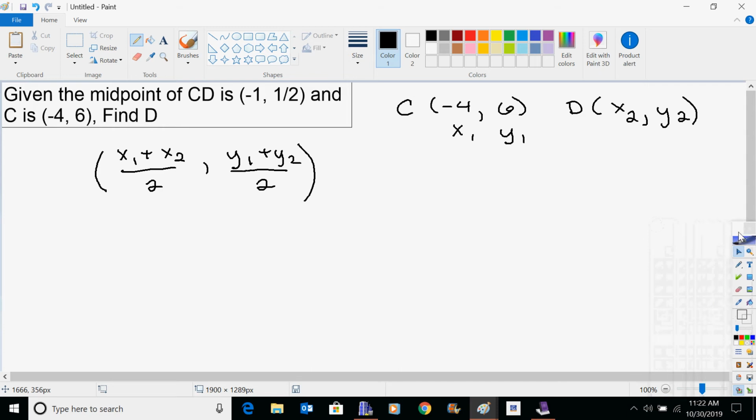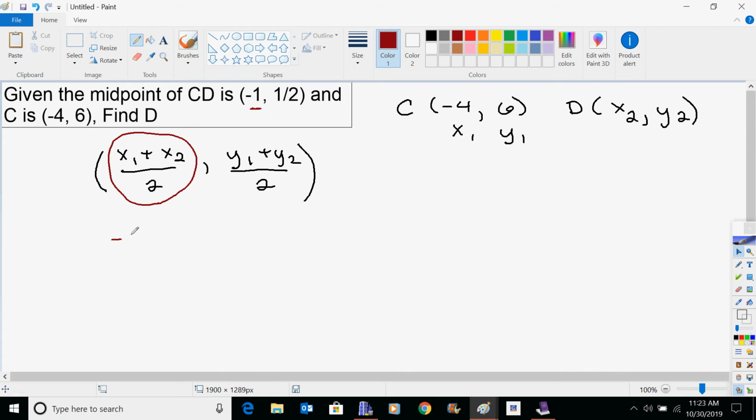This one's taking it to a whole different level. But our midpoint, though, is (-1, 1 1/2). So our x part, somebody's light bulb went on. That's good. We have this, our x part. This part right here equals which one of these numbers? -1. Good.